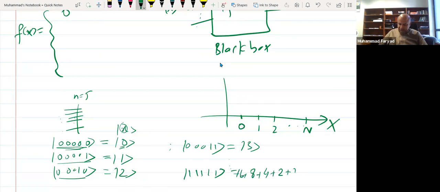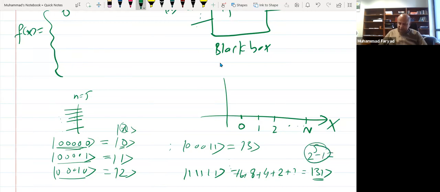So this is 3 and 4, 7 and 8, 15 and 16, 31. So this x is 31, which is 2 power 5 minus 1.